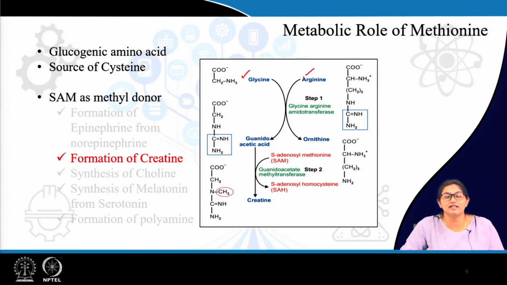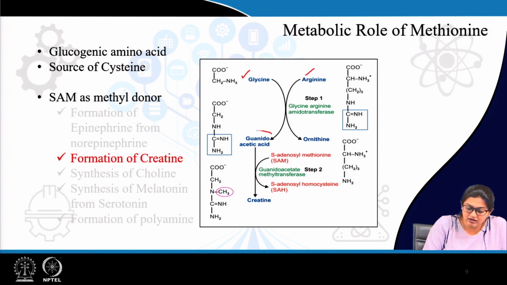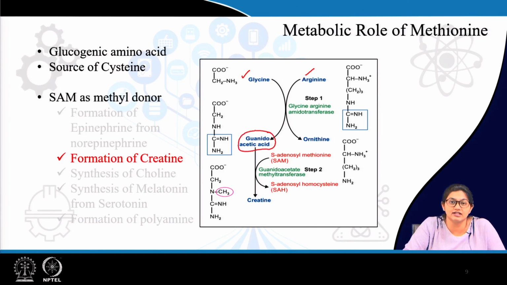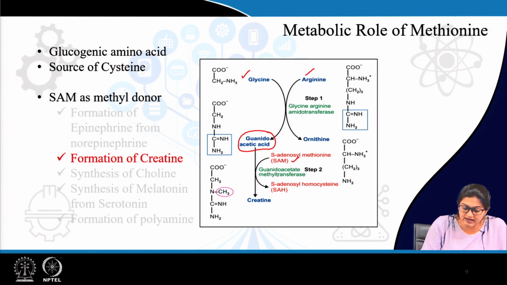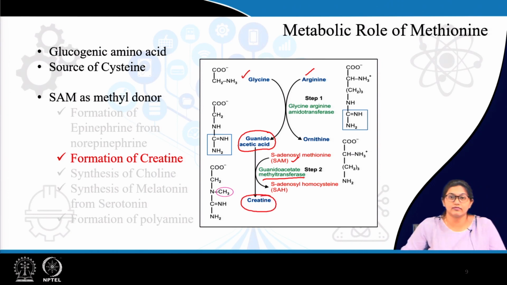The details will be discussed in the respective glycine metabolism, but here you can see from glycine and arginine guanidoacetic acid is formed. Guanidoacetic acid takes a methyl group once again from S-adenosyl methionine with the help of the enzyme methyl transferase to form creatine.